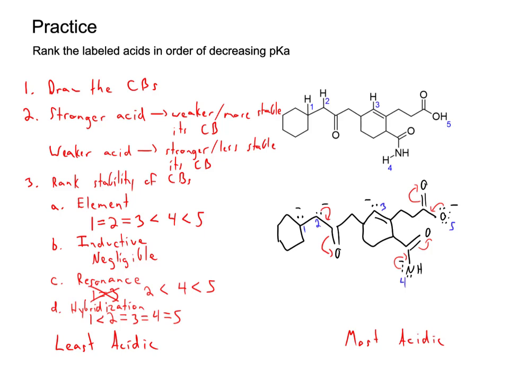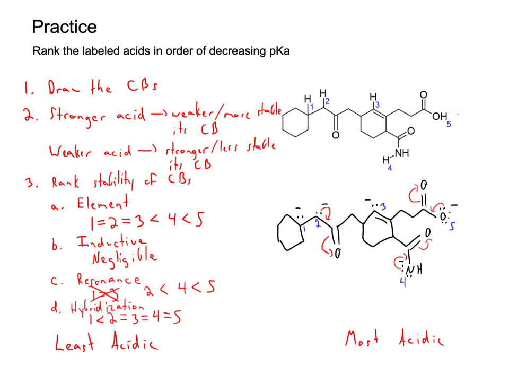So now that we've gone through all 4 of these factors, now we can put it all together. So we're going to use our rankings from step 3 and compare that to our statement from step 2. So the stronger the acid, the weaker or more stable its conjugate base. And in every case, outside of inductive effects, which we said were negligible, conjugate base number 5 was the most stable in every situation.